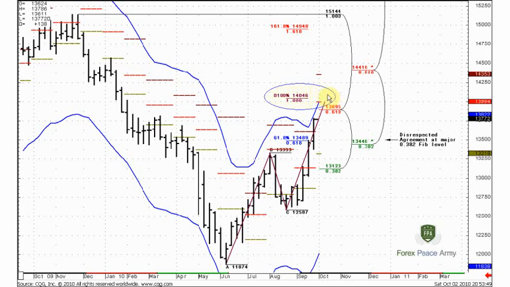If you would like to know a bit more about monthly analysis, you can visit ForexPeaceArmy.com and read the monthly analysis in my forum thread. And I expect that if the market reaches this area during the coming week, it should bounce from this area before it moves further up.